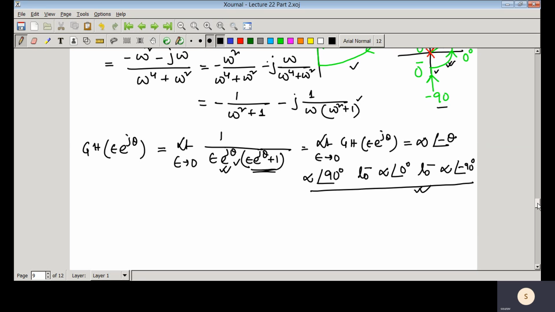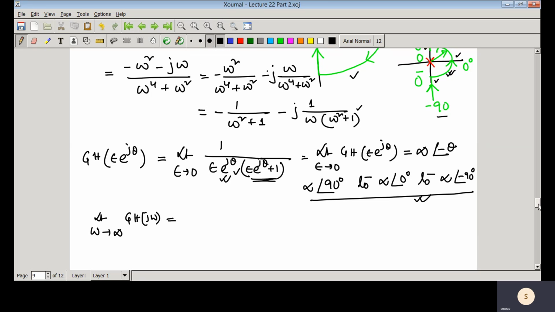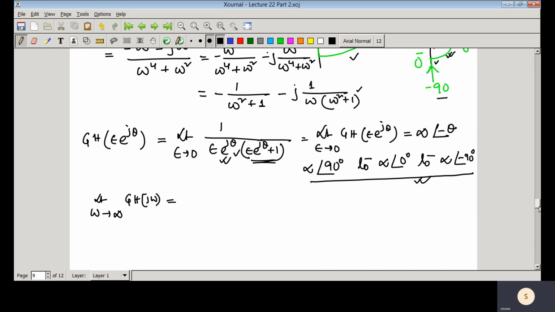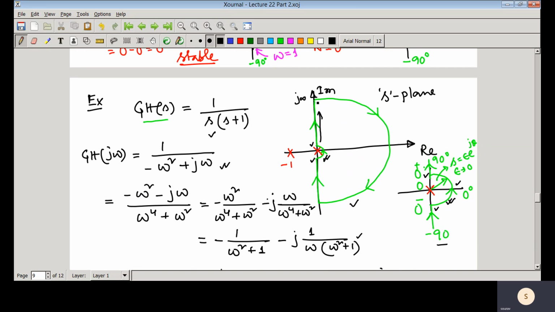So what would be that value when omega is tending to infinity? Limit omega tending to infinity of G H at j omega would be equal to 0, and you can see that this particular part would be described like this.